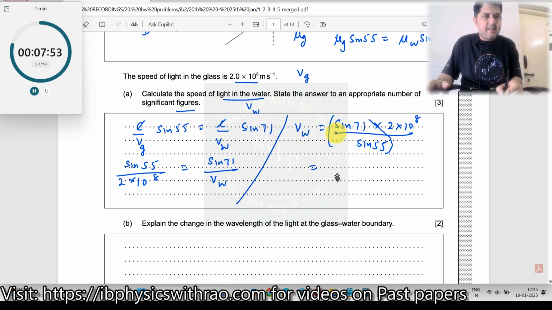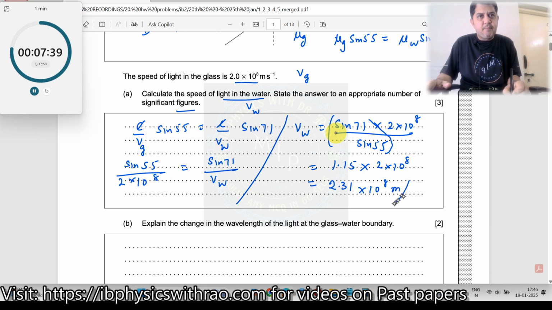When I do this, I get 1.15, multiplied by 2 into 10 to the power of 8. If I take the product of this, it comes out to be around 2.31 into 10 to the power of 8 meter per second. Okay, to the given significant figures, 2.30 into 10 to the power of 8 meter per second. This is the final answer you get.